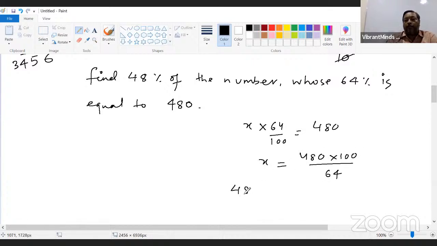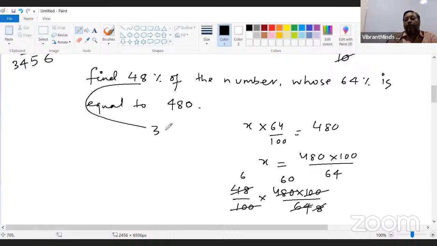So that is 48 by 100 multiplied by this x, that is, 480 into 100 divided by 64. 100 goes off. Now 8 6s, 8 8s, again 8 60s. So your number is 48%. What will it become? It will become 360.